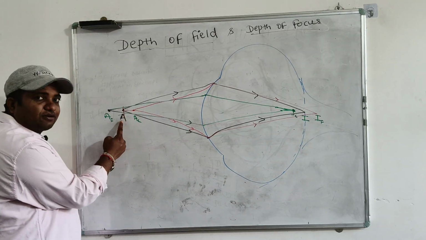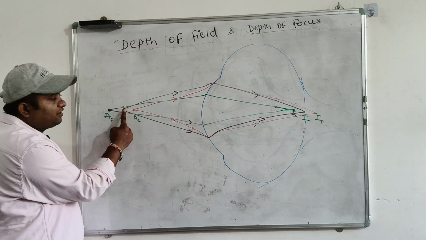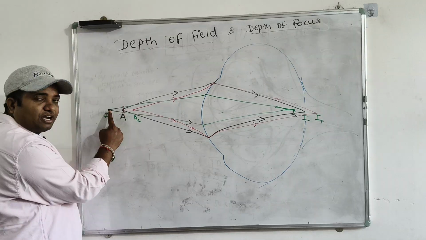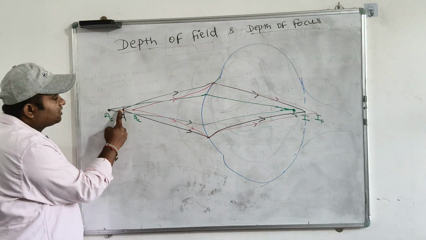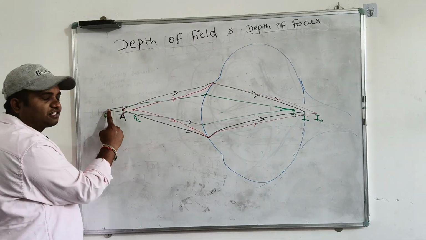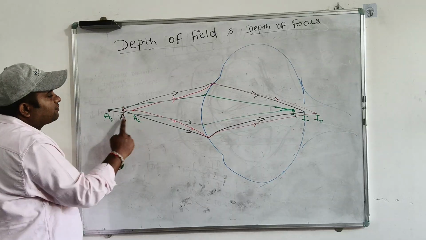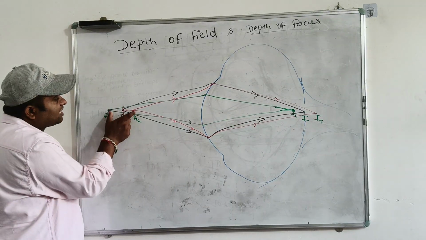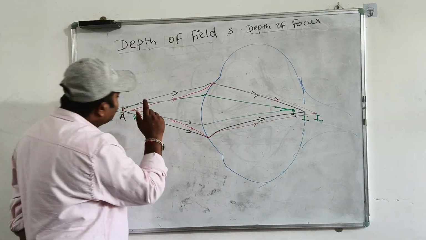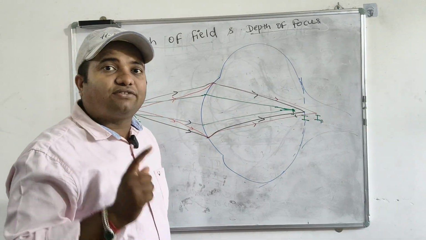But when you focus at some object and change the distance slightly closer and slightly backward, the range of distance where the object is seen clearly is known as depth of field.